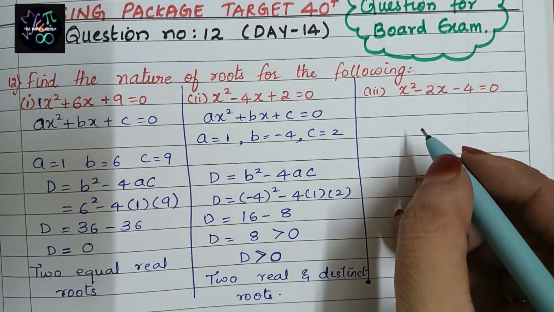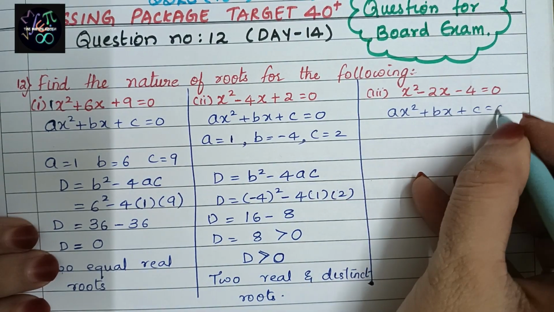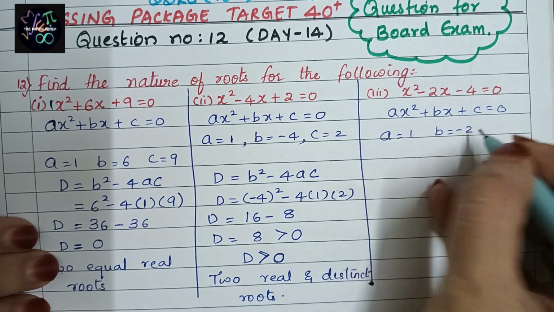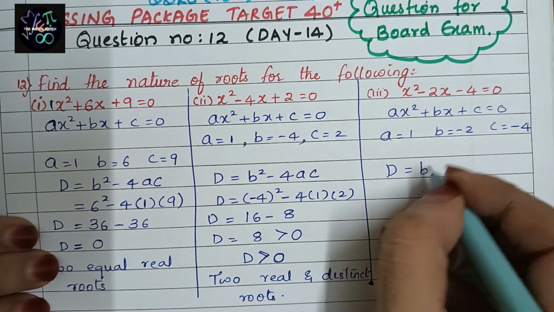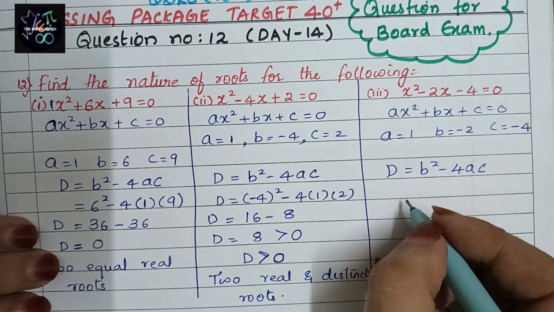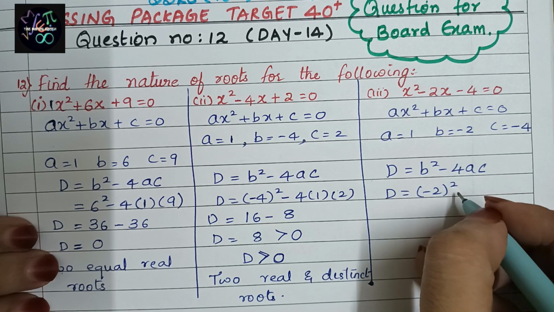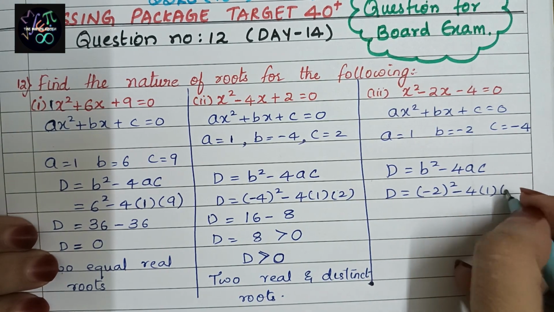Let us see this now. ax square plus bx plus c equal to 0. a is equal to 1, b is equal to minus 2 and c is equal to minus 4. D is equal to b square minus 4ac. D is equal to minus 2 square minus 4 into 1 into minus 4.